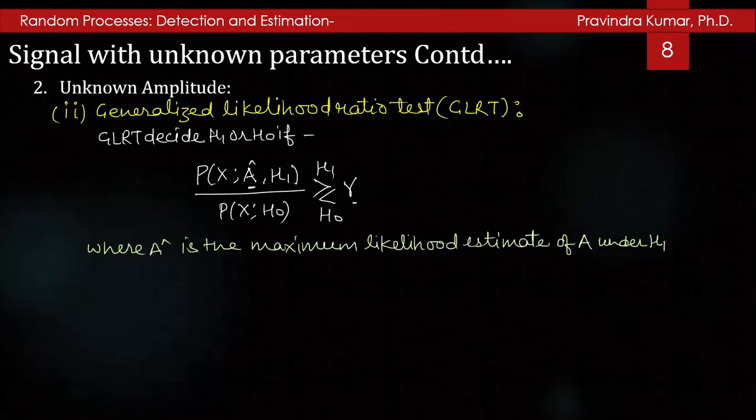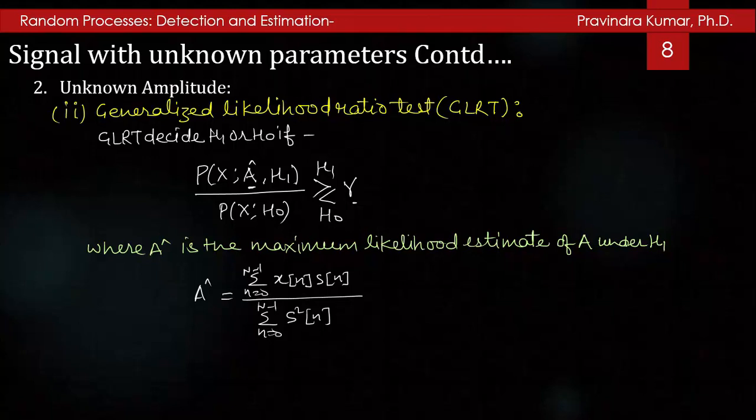Here A hat is the maximum likelihood estimate of A under hypothesis H1.